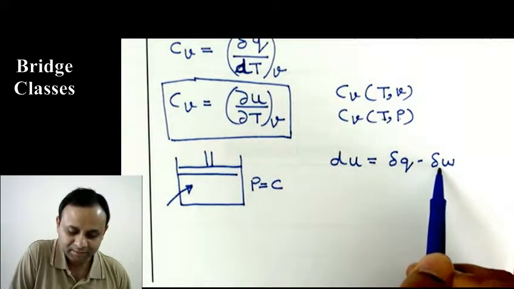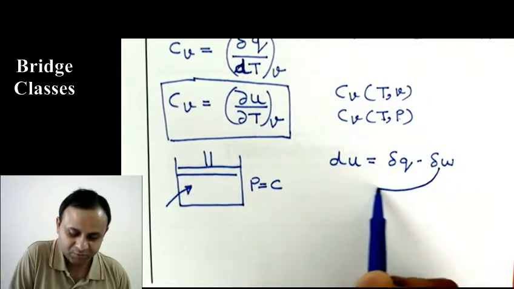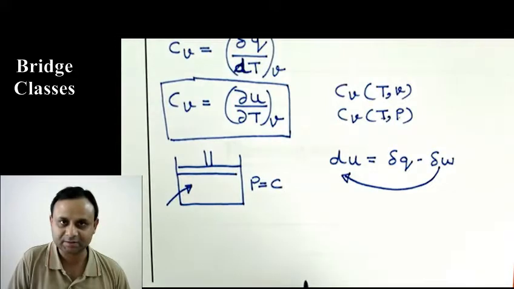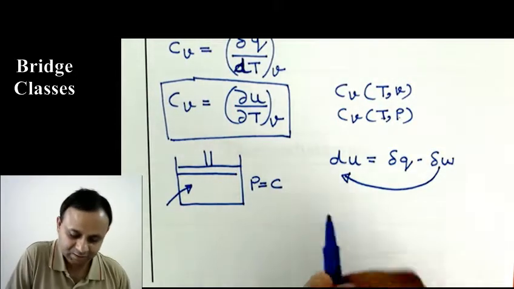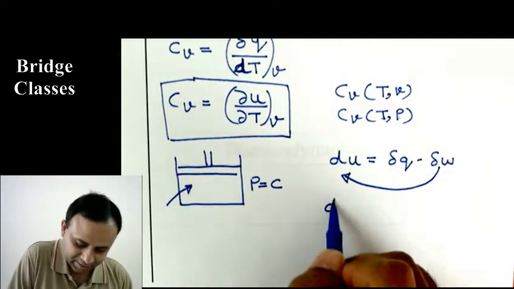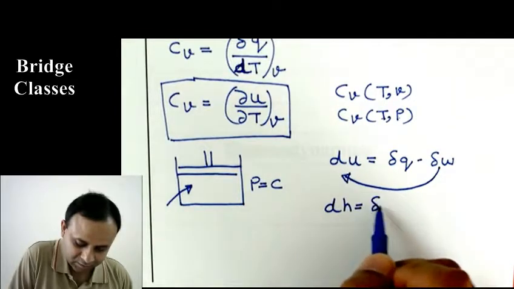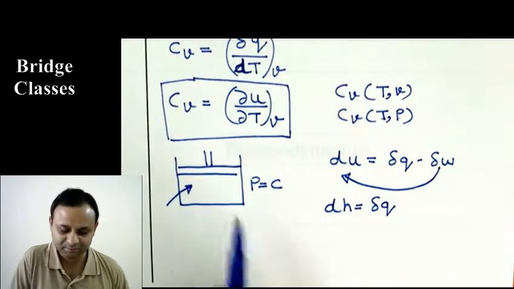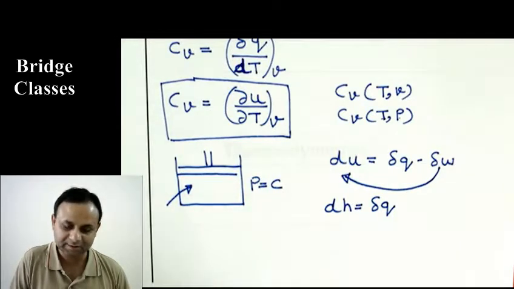But we can combine these two terms, this boundary work term with the du term, and that becomes dH. We talked about this previously also. So you get dH equals delta Q, for a constant pressure process, for constant pressure heat addition.